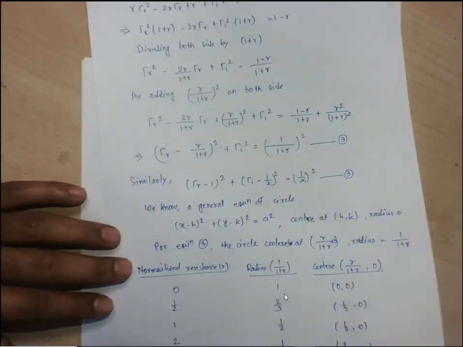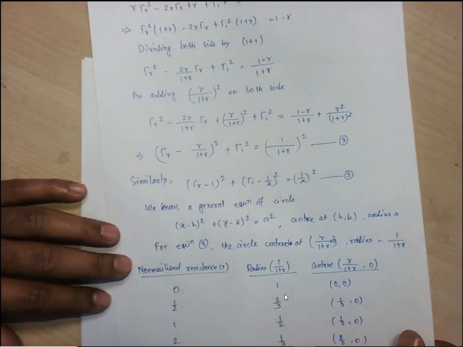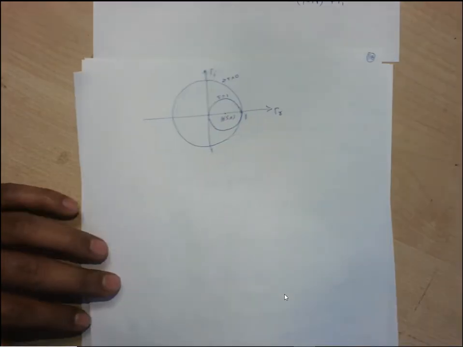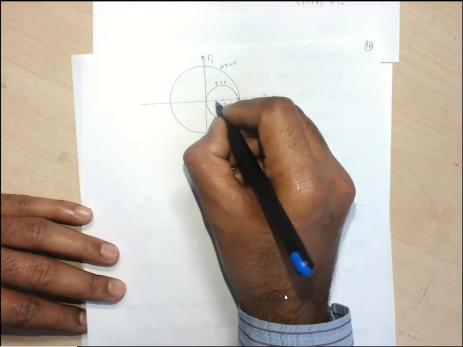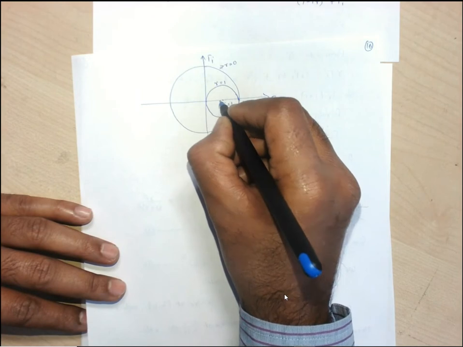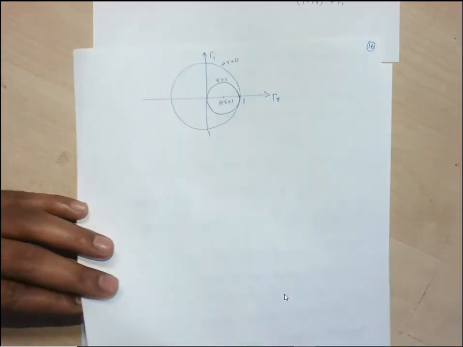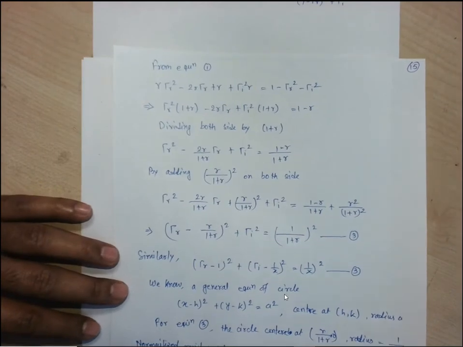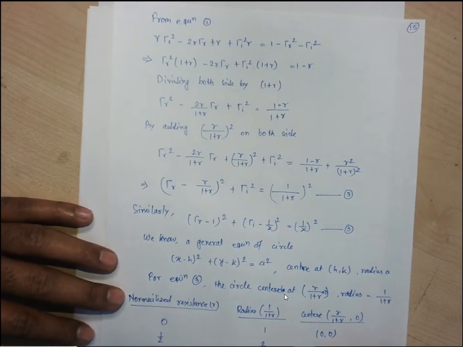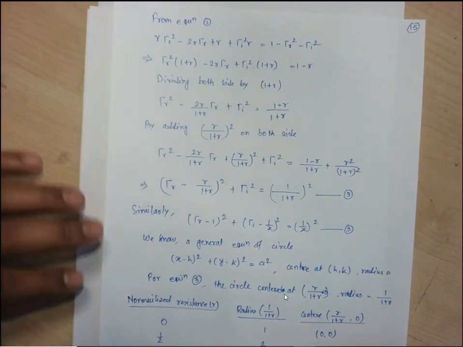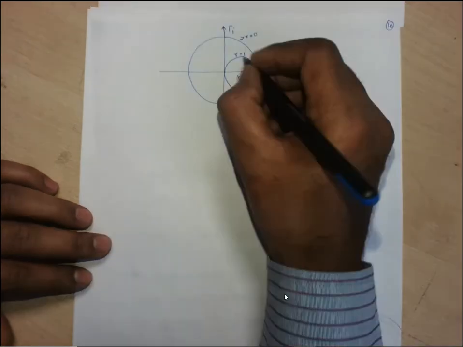Obviously for this we can have 2 by 3, 1 by 3, so we can have a radius somewhere here. It is greater than 0.5, isn't it? So let us draw for this. For r equals 5, we can have a radius of 1 by 6, somewhere here.